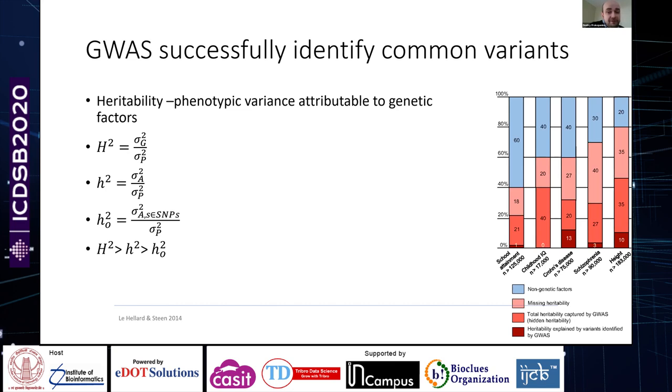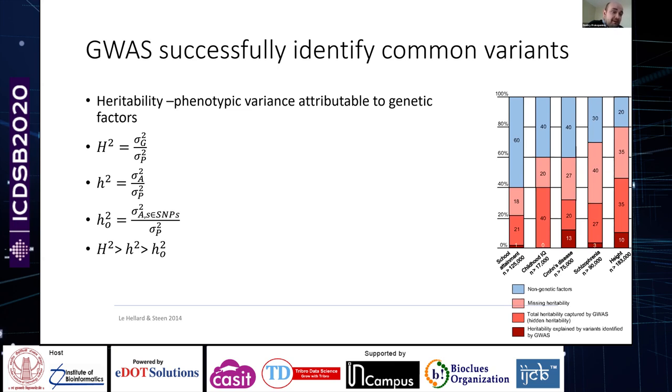But there's also the narrow sense heritability, which is the phenotypic variance attributable to additive genetic factors. This is the lowercase h2. And the most widely used is actually the observed heritability, or the SNP heritability. This is the phenotypic variance attributable to observed SNPs, observed variants.